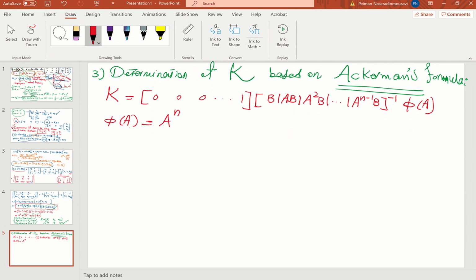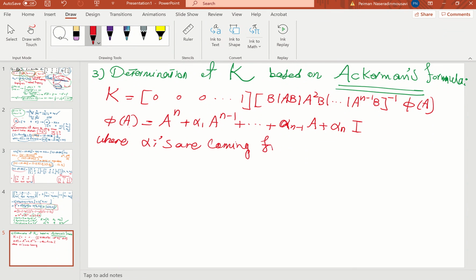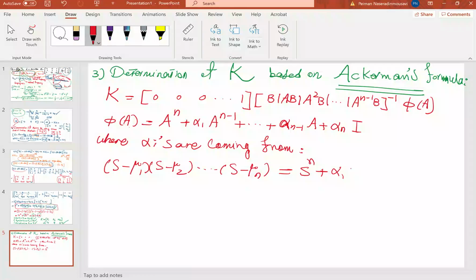Phi of A is from the Cayley-Hamilton theorem I taught you in the class. I'm pretty sure that a matrix satisfies its own eigenvalue problem, right? A to the n plus alpha 1 A to the n minus 1 plus up to alpha n times I. So remember Cayley-Hamilton I taught you, where the alpha i's are coming from your desirable poles or eigenvalues of the system provided by your boss that is paying you: s to the n plus alpha 1 s to the n minus 1 plus up to alpha n.